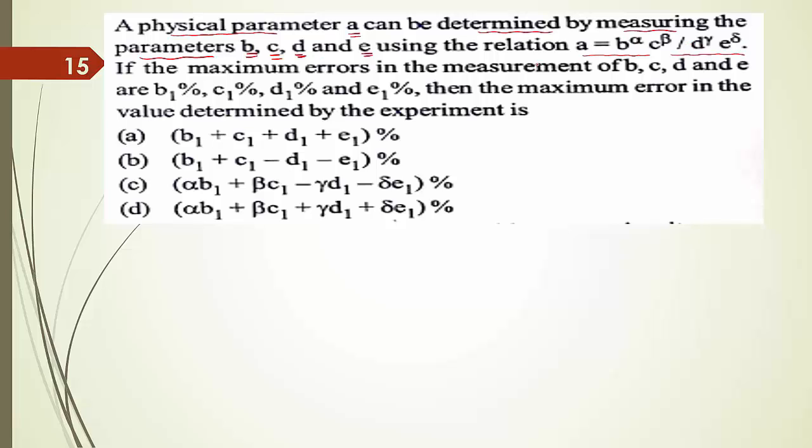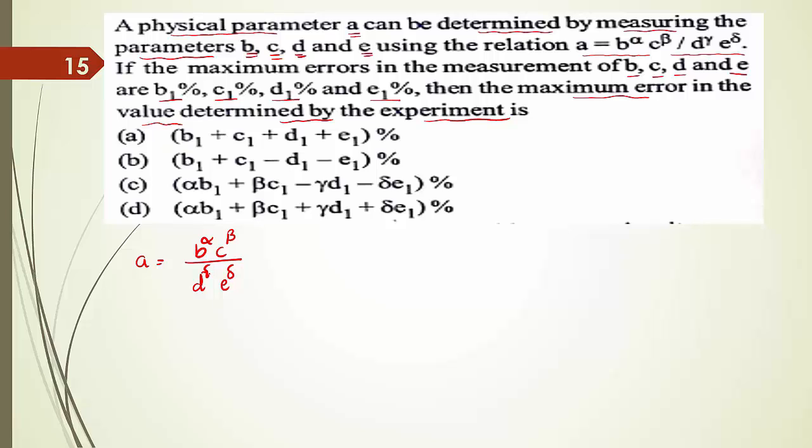If the maximum error in the measurements of B, C, D and E are B 1%, C 1%, D 1% and E 1%, then the maximum error in the value determined by the experiment is. First we can write the given equation, that is A equal to B raised to alpha, C raised to beta divided by D raised to gamma into E raised to delta. This is the given equation.